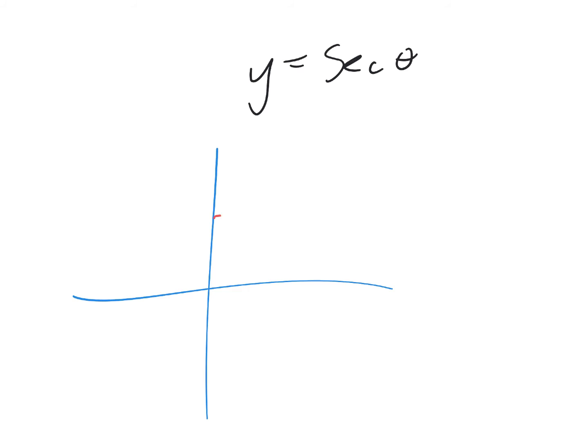So here's what cosine kind of looks like. 4 parts, 1 part, 2 parts, 3 parts, 4 parts. Okay, so that's what cosine kind of looks like. Why did I need that? Because if this is 1 over cosine, then wherever cosine is 0, asymptotes again.